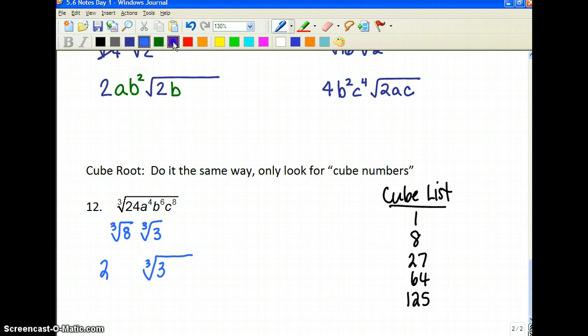The letters are done the same way. 3 goes into 4 one time with 1 left over. 3 goes into 6 twice with no leftovers. And 3 goes into 8 twice. That uses 6, so there would be 2 left underneath. So instead of needing a partner to get out, you need 3 of them to get out for a cube root.